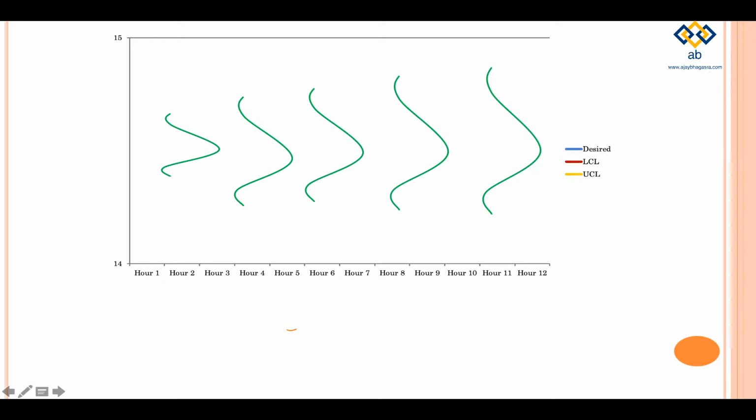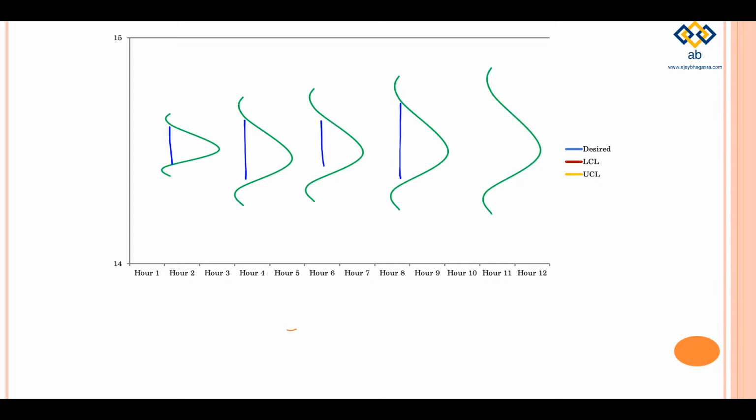So this is how I was trying to explain to you that this spread that I'm talking about, this spread is increasing, and if it is increasing, it is also a problem.